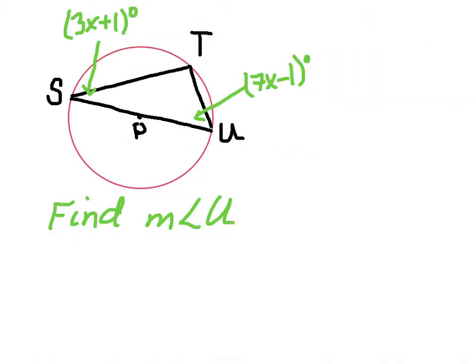Here's another example problem for you to copy, and our goal is to find the measure of angle U. Pause for a minute, try to work it out, and see if you can find the measure of angle U. We're back. Hopefully you did that fairly quickly, but the secret is to notice that SU is a diameter.